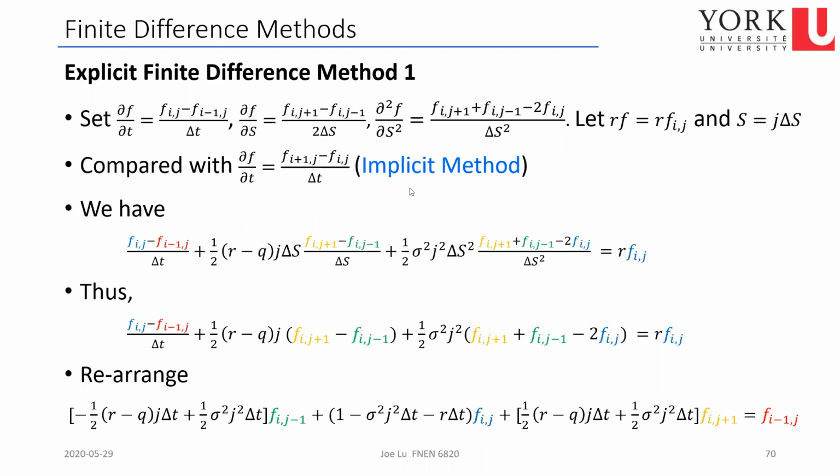Now, if we do that, then we make this substitution, plug that into the formula again, and rearrange. Again, you pull out those terms related to f_ij minus 1, f_ij, f_ij plus 1, and f_i minus 1, so the same factors.